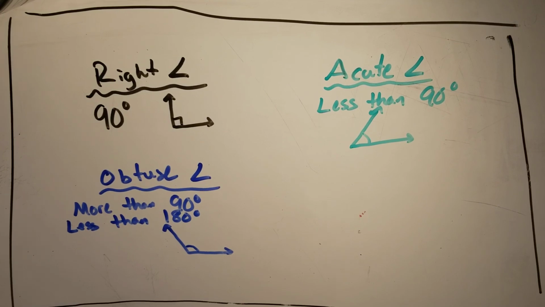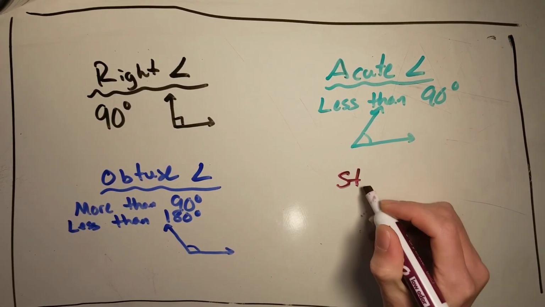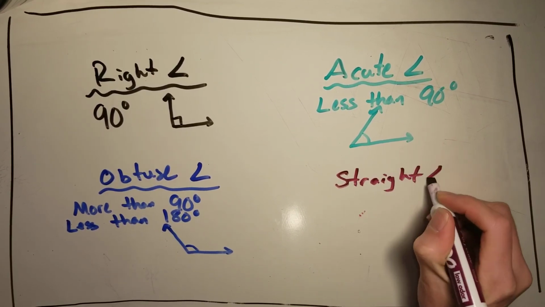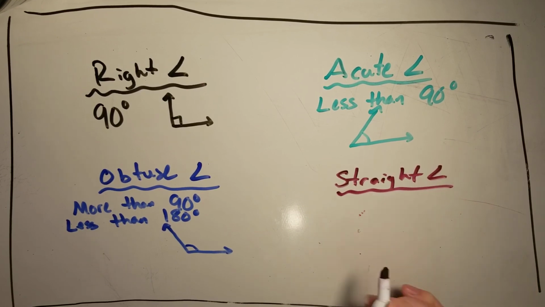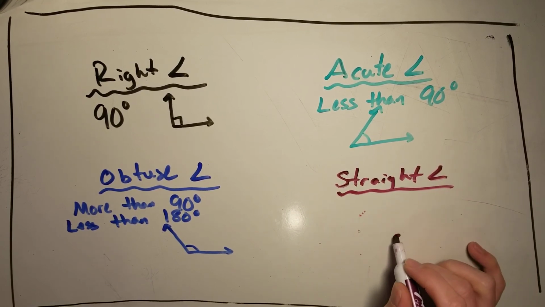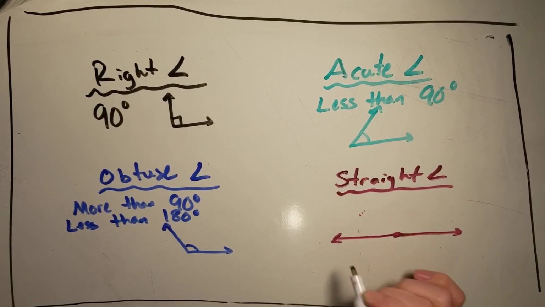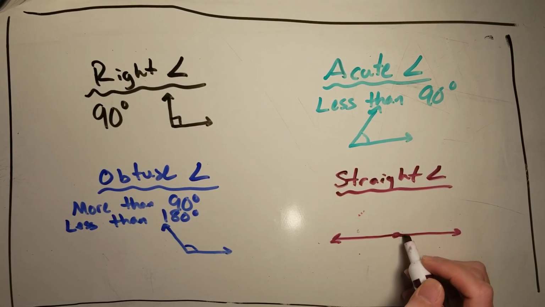And that leads us to our last angle that we'll talk about, called a straight angle. A straight angle is an angle where both rays form a straight line. We call these opposite rays, actually.